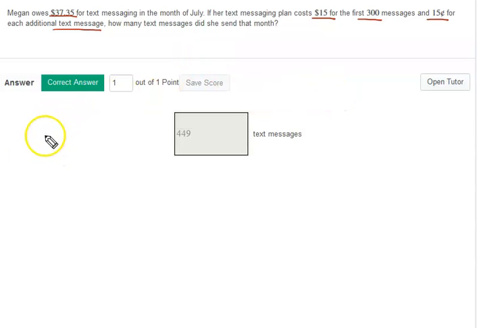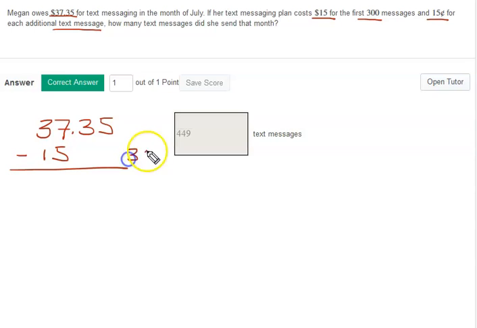Well, we're going to do some figuring over here. Well, we have 37.35, and we'll have to subtract the $15 from that. So if we subtract $15 from that, and remember that's for 300 messages, we get here $22.35.